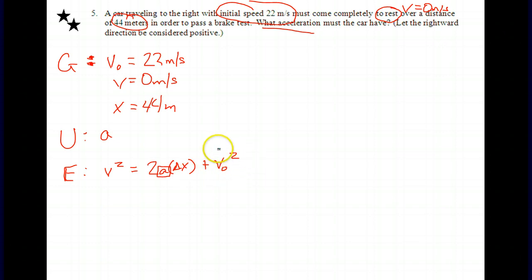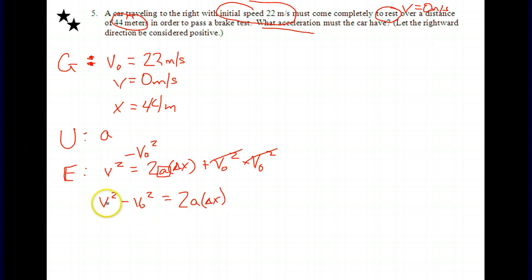So let's start here and get rid of the initial velocity by subtracting out. So go minus v naught squared on this side, and it goes away. And then we'll subtract out the initial velocity, v naught squared, over here. So that gives us the final velocity squared minus the initial velocity squared is equal to twice the acceleration multiplied by your change in displacement.